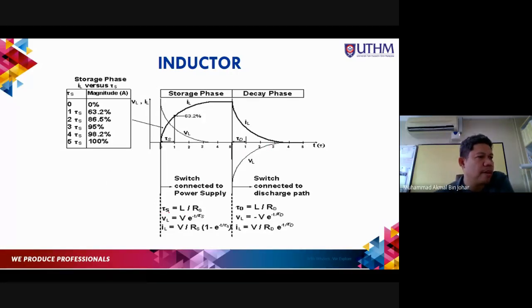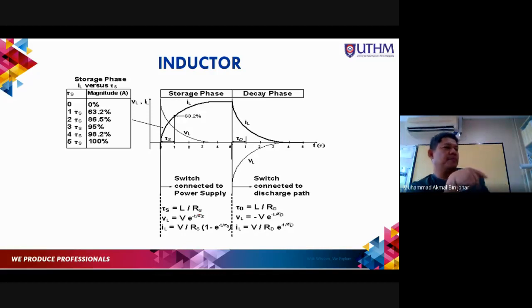The tau storage phase is equal to L divided by Rs. The tau value is dependent on the resistance and the inductance of the circuit.